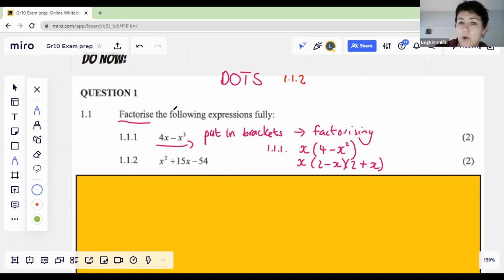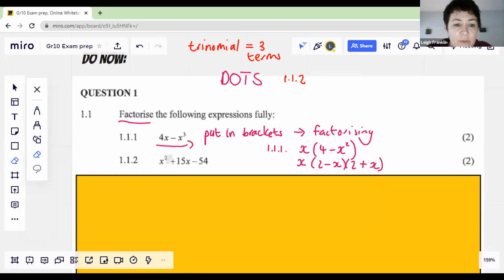It does happen to be quadratic though. The word trinomial means it has 3 terms. The fact that it's quadratic means that the highest power is 2. So when we factorize trinomials, Cecile and everybody else, they always factorize into 2 what?